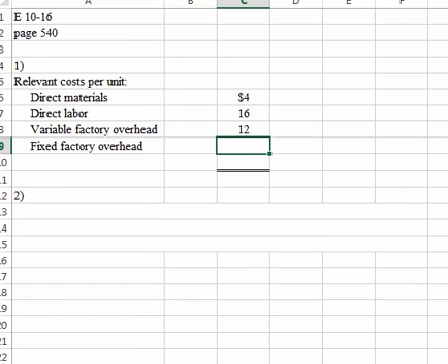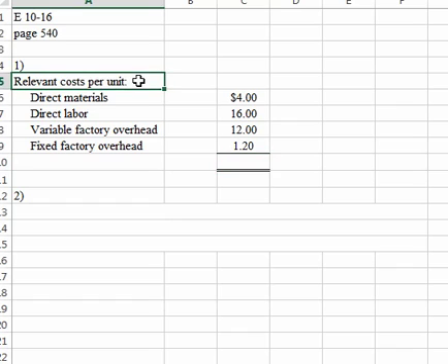So they're saying our fixed factory overhead of $6, 80% of that's going to be present whether we make the product in-house or buy it from Delta. So if we buy it from Delta, 20% of that can be avoided. So there we go. What we're looking at, relevant cost per unit.